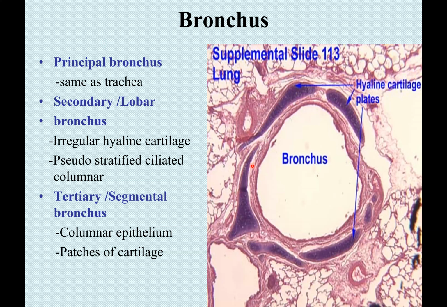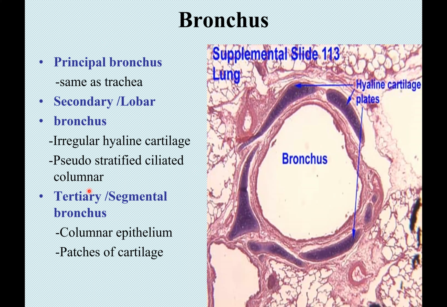So looking at the bronchus, what we are seeing now is more of the secondary bronchus, okay? But when you take the mucosa, you see that the epithelia is still the same. Pseudostratified ciliated columnar epithelium.